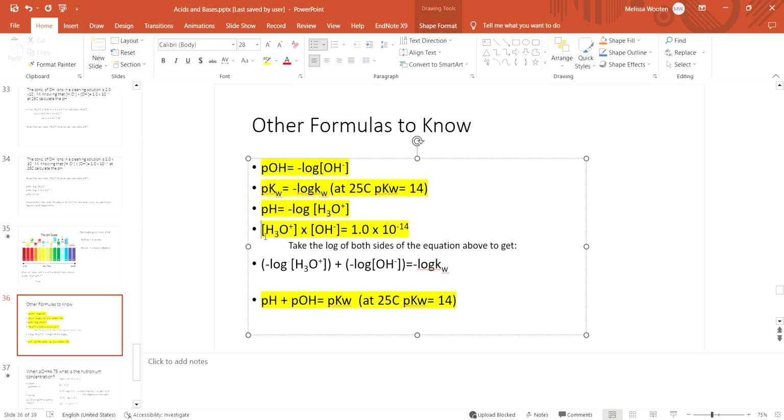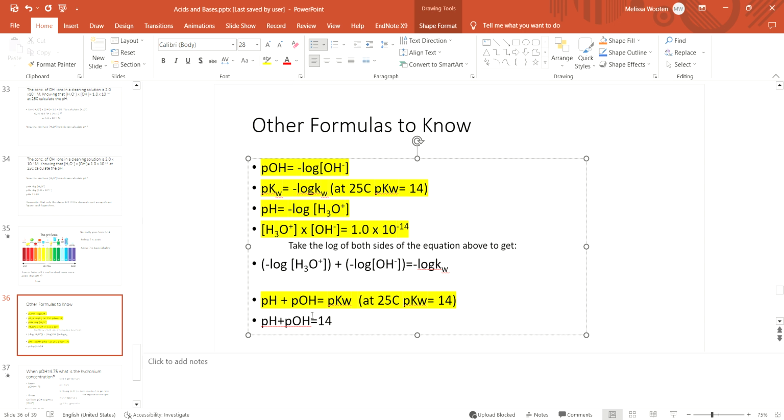Now, when you take this equation that you already know, and you take the log of both sides, you will get to this equation, pH plus pOH equals pKw. In other words, at 25 degrees Celsius, pH plus pOH equals 14.